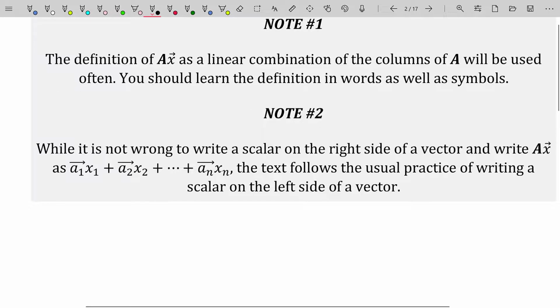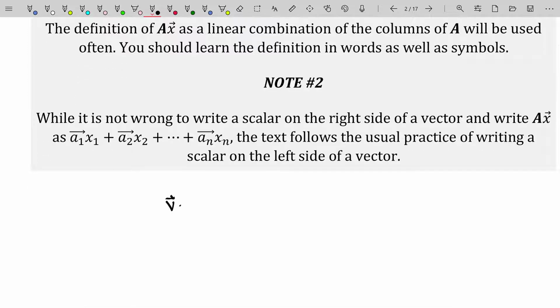The second note here is, while it is not wrong to write a scalar on the right side of a vector, for example, v times 3, well, first of all, I'm just going to interrupt my note here and say, that just looks weird. It's not wrong to write it that way, that just looks weird. You would never in algebra write x3. That looks weird. People would write instead 3x.